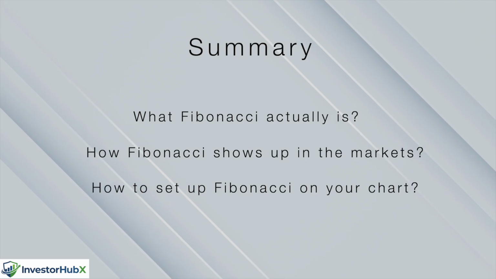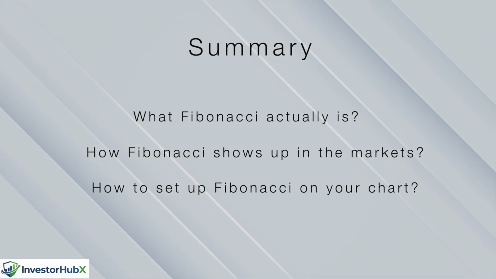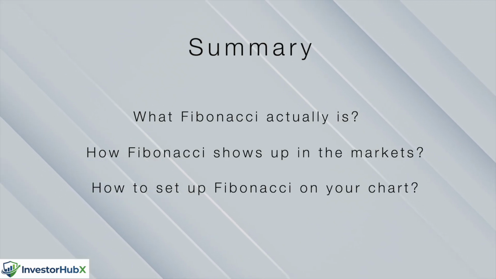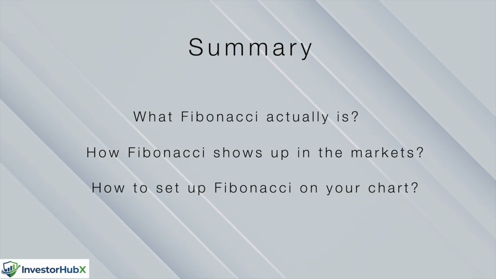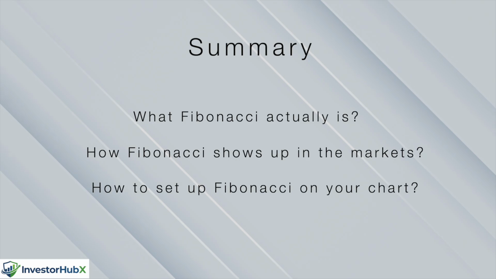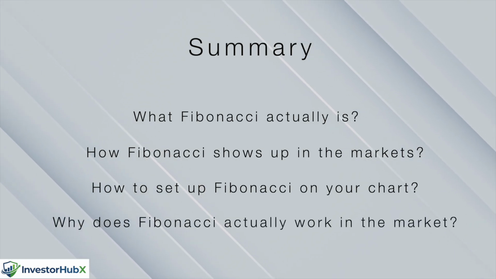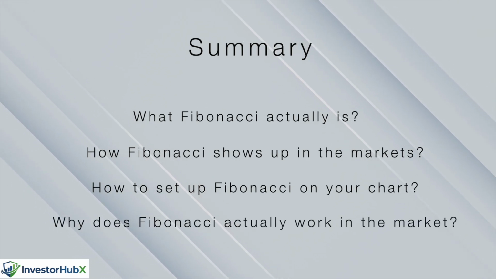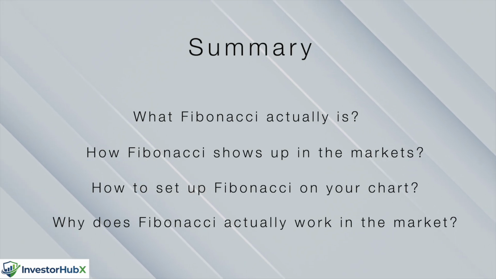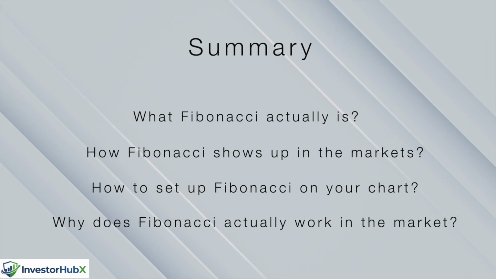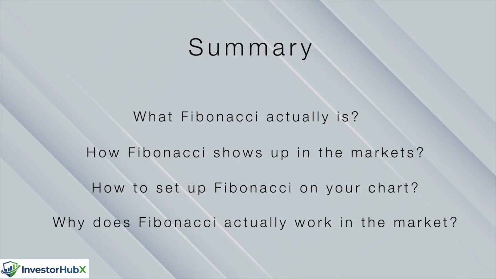Then we uncovered the key Fibonacci levels, like 38.2%, 50%, and 61.8% that traders around the world are watching. And finally, we answered the most important question. Why does Fibonacci actually work? Not because it's magic, but because of human psychology, and the fact that so many traders are reacting to the same levels.